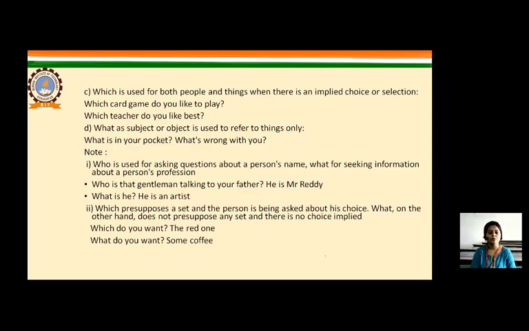Then note, who is used for asking questions about a person's name, right? Who is used for asking about a person. What is used for seeking information about a person's profession. So again, if you are asking what do you do for a living, it's not that you are referring to some answer that is living. What is always used for non-living.